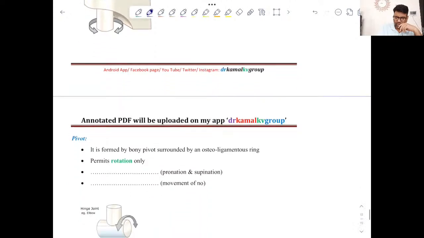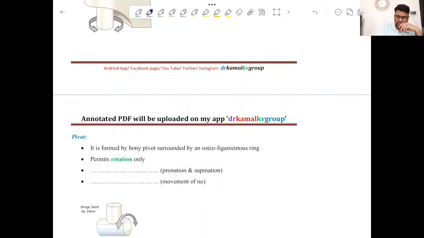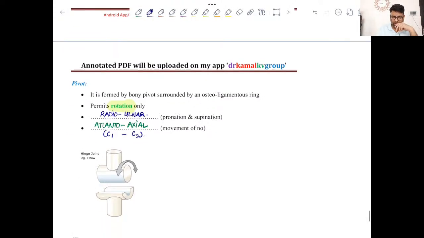So it permits only rotation, and there are two important examples in the body which you should remember. One is the radioulnar joint between the radius and ulna, and second is the atlantoaxial joint between the first and second cervical vertebra, right? So radioulnar for supination, pronation, and atlantoaxial for the nodding, or rather the no movement.